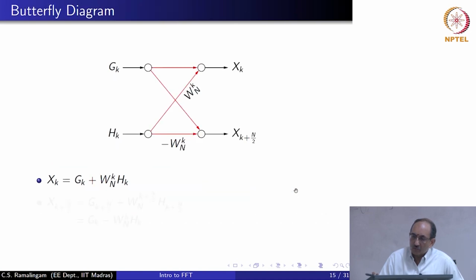And this is what is called the butterfly diagram, because this term looks like the wings of a butterfly. So what this says is, to compute xk you take gk, and whenever an arrow takes off from a node, its same value gets repeated on both nodes. When two arrows converge on a node, it is summation.